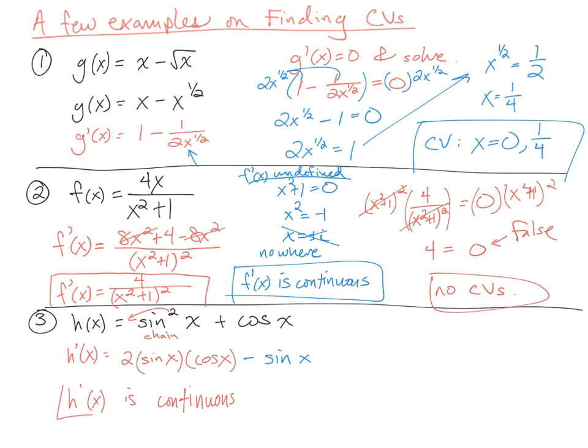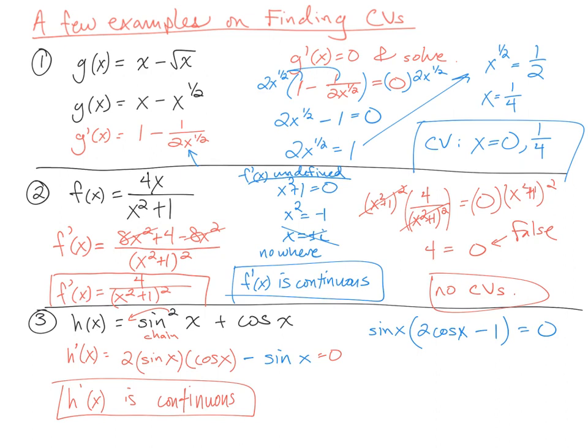All right. Next, we can set this thing equal to 0. So why don't I do that in blue again? Notice very quickly I can factor out a sine of x.